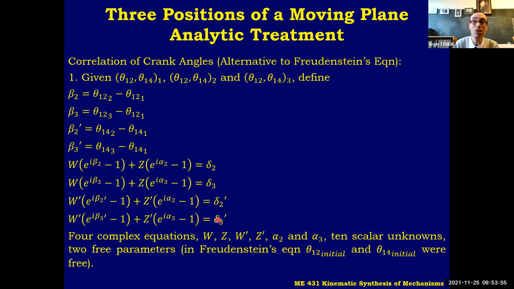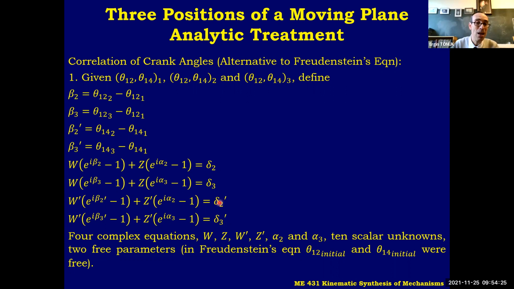We don't use the same point. What we do is delta 2, delta 3 are displacement of A, where delta 2 is from position 1 to 2, and delta 3 is from 1 to 3. That's displacement of point A, and this is point B.